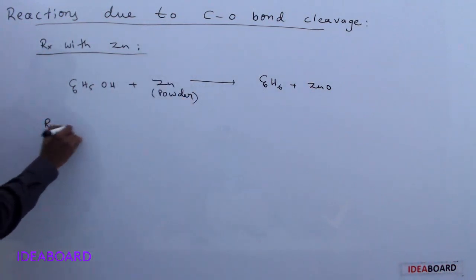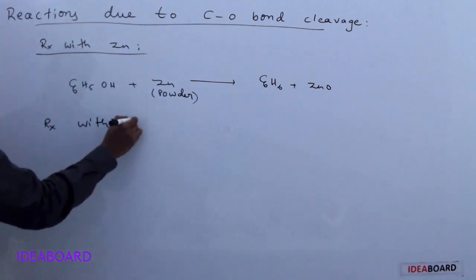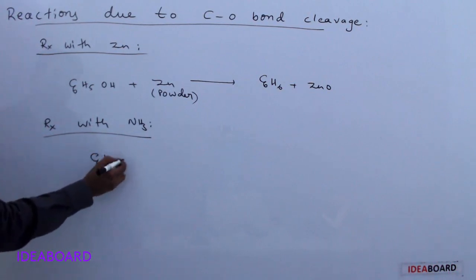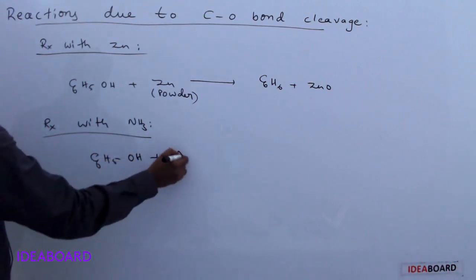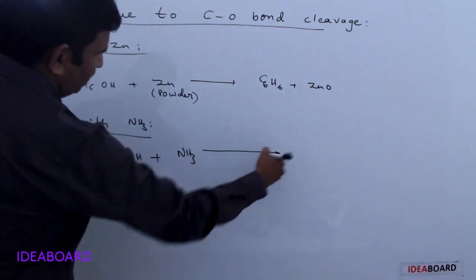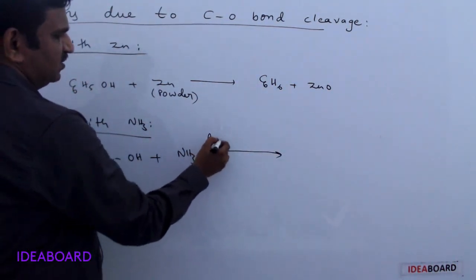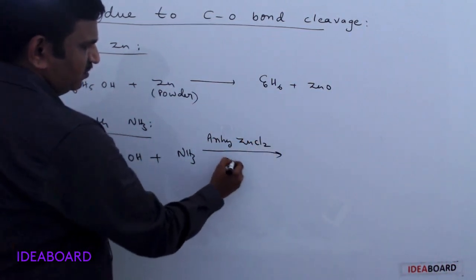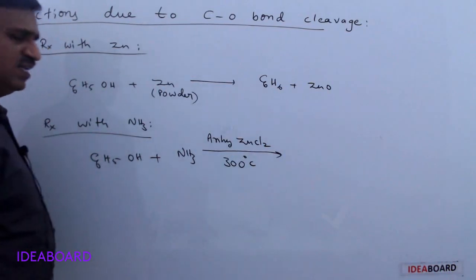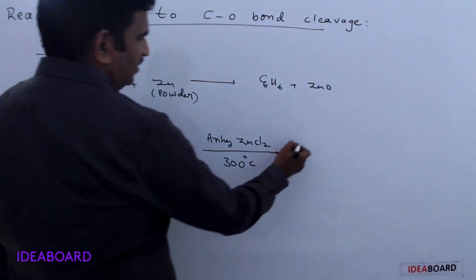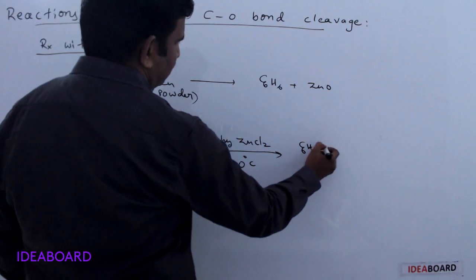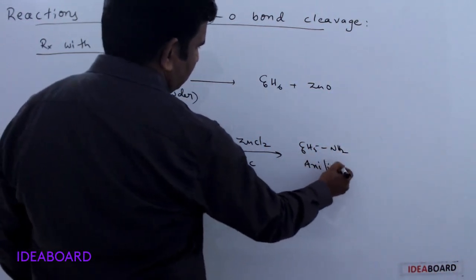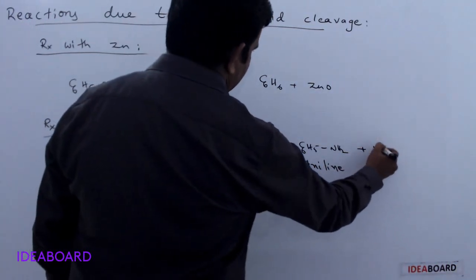And next, the reaction with ammonia. Phenol reacts with ammonia in the presence of anhydrous zinc chloride at 300 degrees Celsius, forming C6H5NH2, which is called aniline or aminobenzene, and H2O.